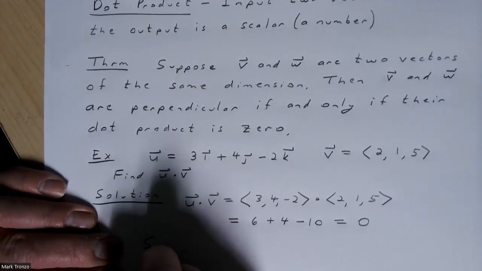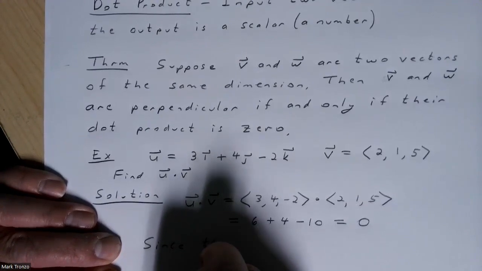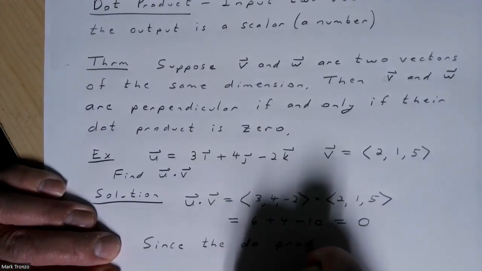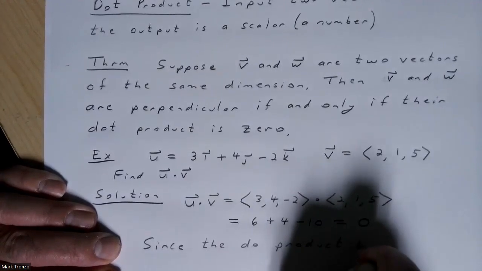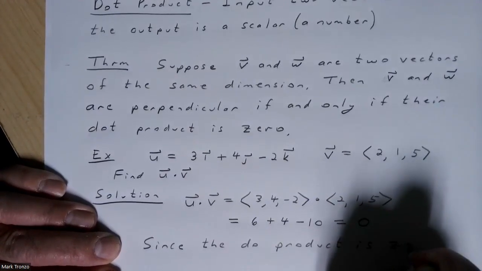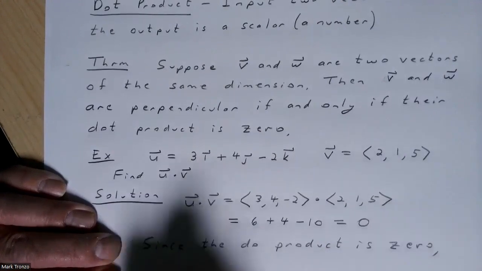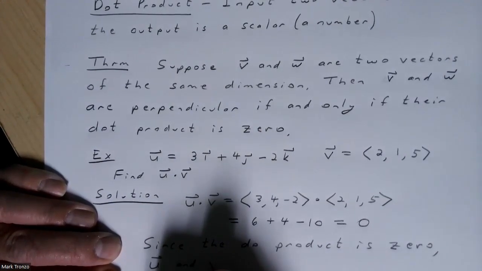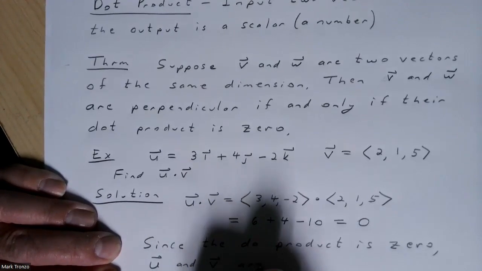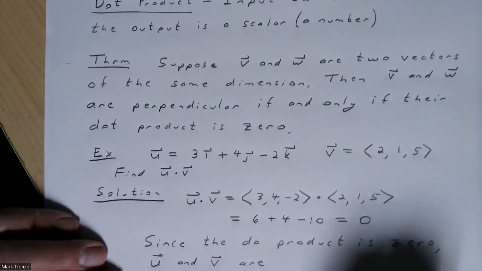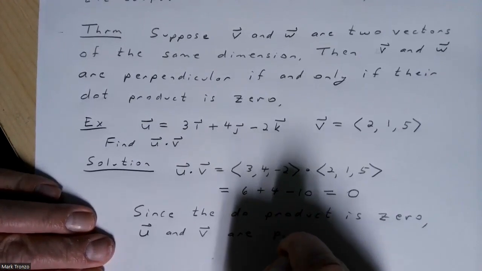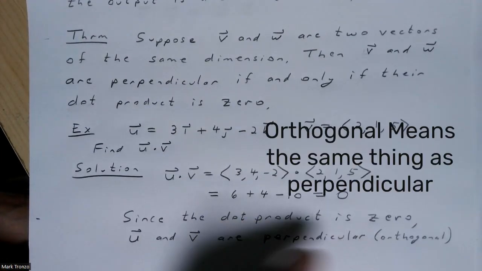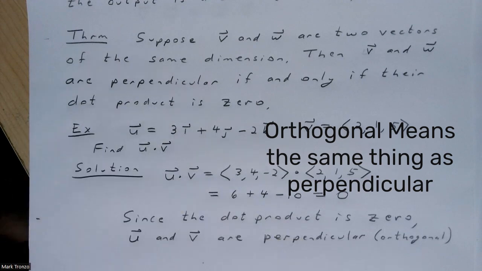Since the dot product is 0, U and V are perpendicular.